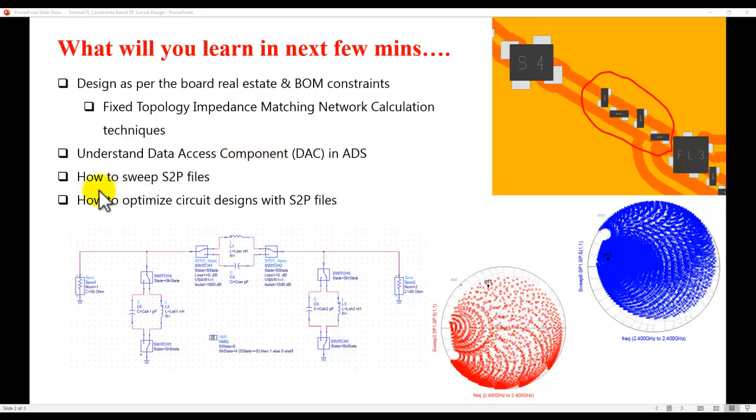During this course, we will also learn how to sweep the S2P files and how to optimize the circuit design while using S2P files, which is not a very easy thing to do, but you will see how easy it is inside ADS to optimize your circuits, even if you have a bunch of S2P files for components.